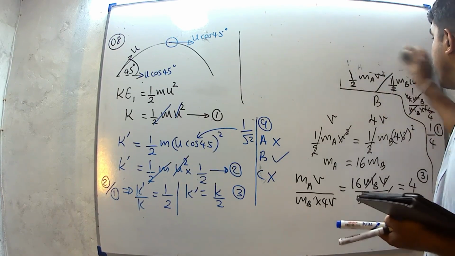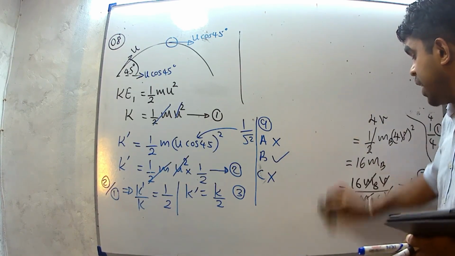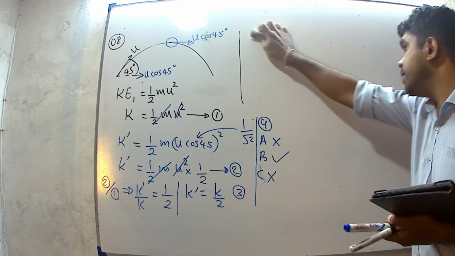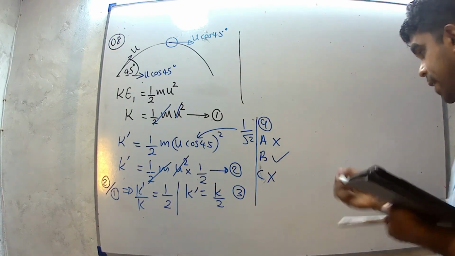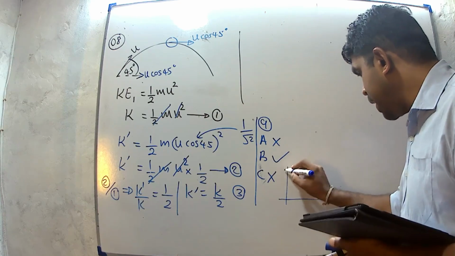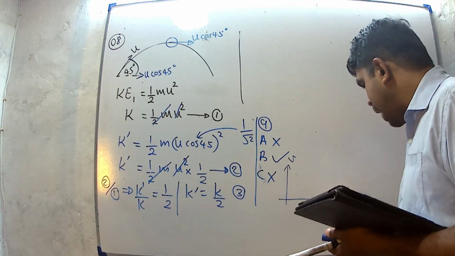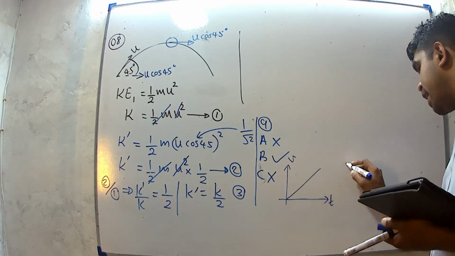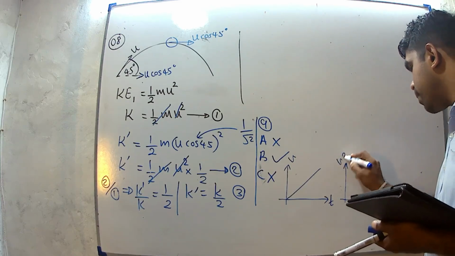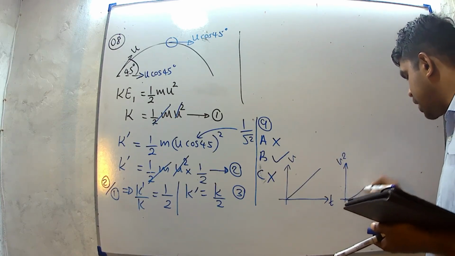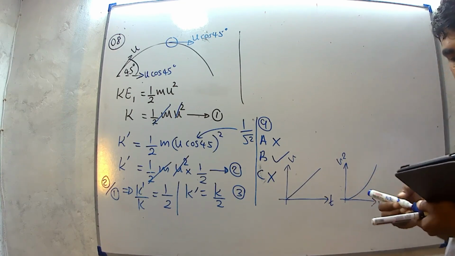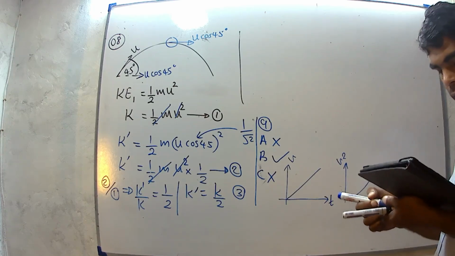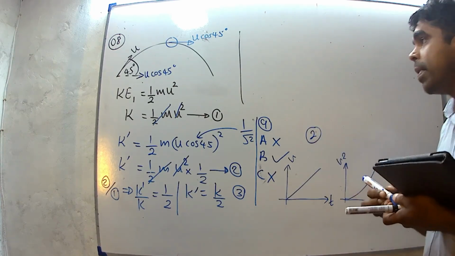Therefore, if v is changing linearly, v squared should be changing like this. If v is changing with time like this graph, a linear graph, the square of v is changing with time like this. Therefore, we can't get a linear variation of kinetic energy. Then only B is correct. 2 is the answer for question number 9.